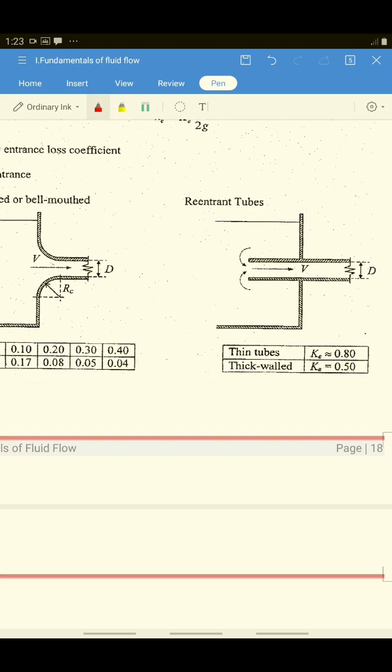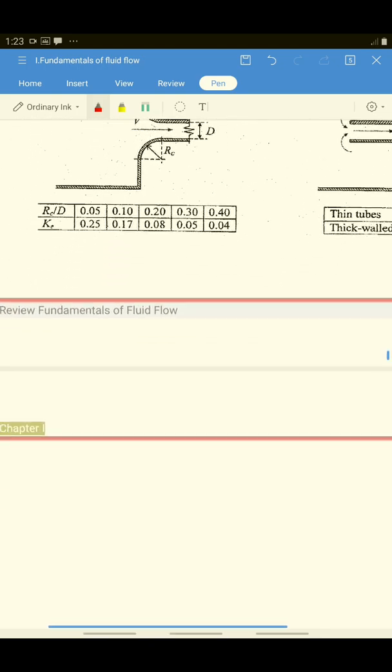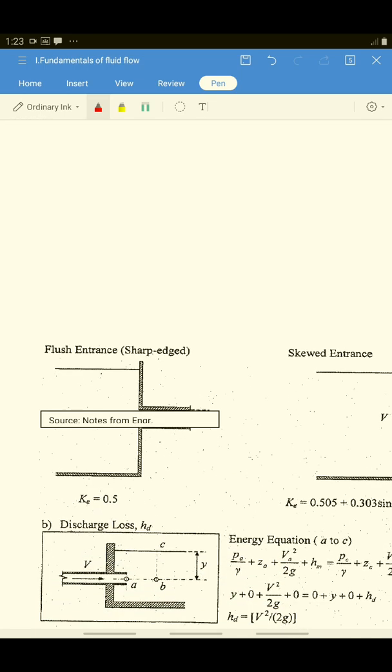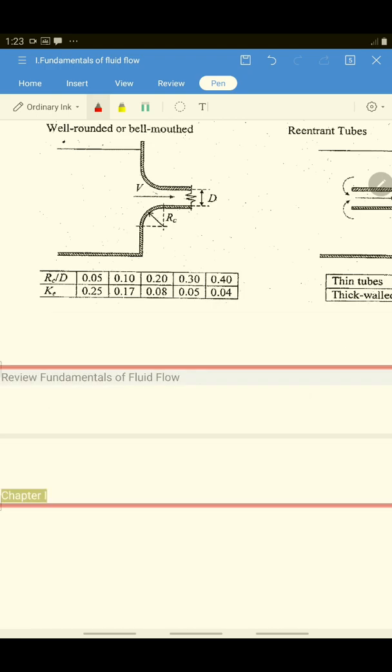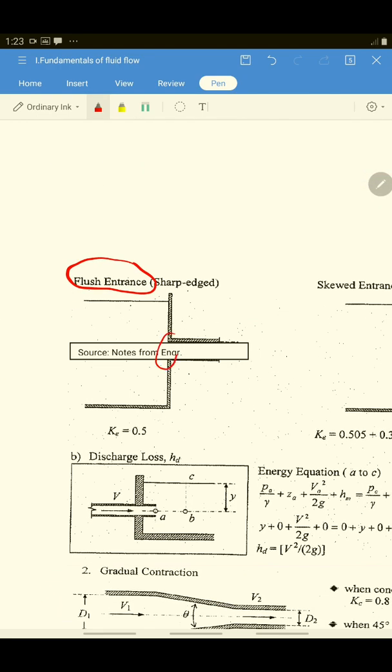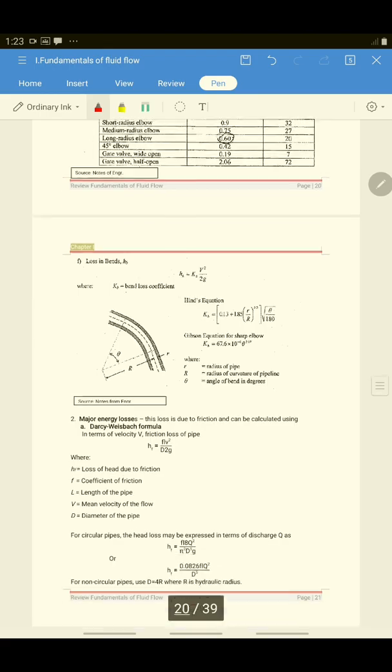Because you have a square edge, and another term for a square edge is a flush entrance, your K E is 0.5. So you have to remember that one.